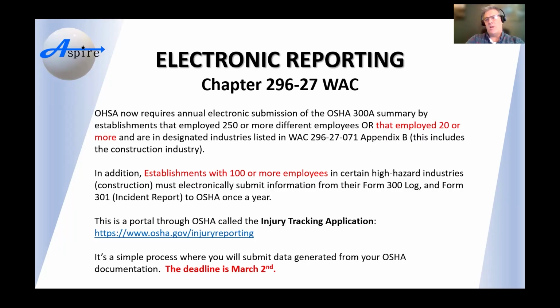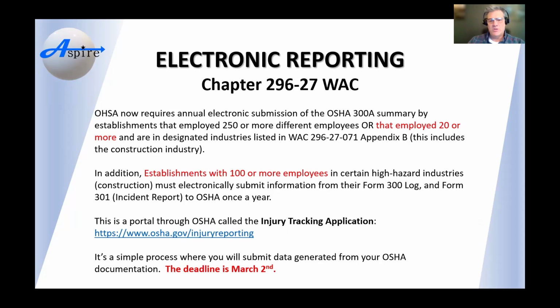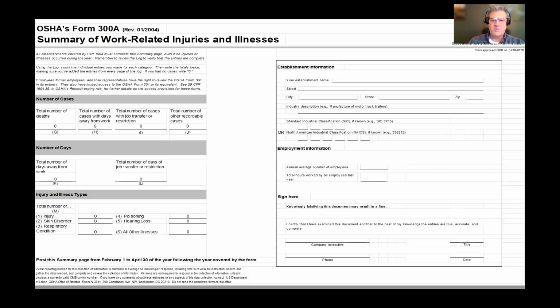Electronic reporting, if you average 20 or more employees, so the minimum threshold being 20, you have to send in data from your completed summary. So once this is complete and you're ready to post it on the wall, you have everything you need to go to this website, the injury tracking application through the OSHA portal, and submit data. You don't have to upload any documents. You just have to submit numbers that are already on this page right here.